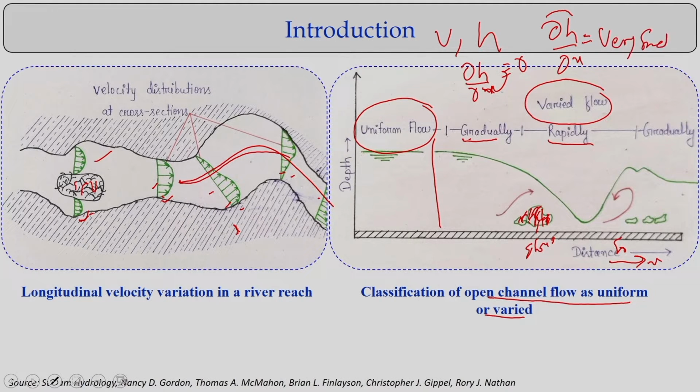You can see that the slope of the water level varies, but the variation is not that large, it is very small. If that is the condition, we call it gradually varied flow. But if del H by del X varies considerably, then we call it rapidly varied flow.